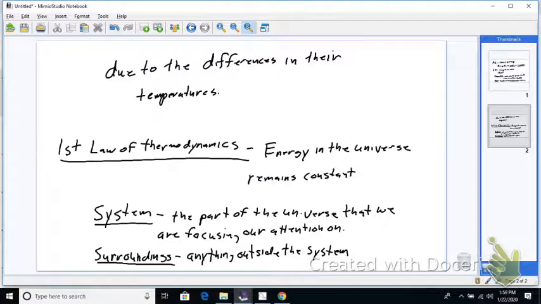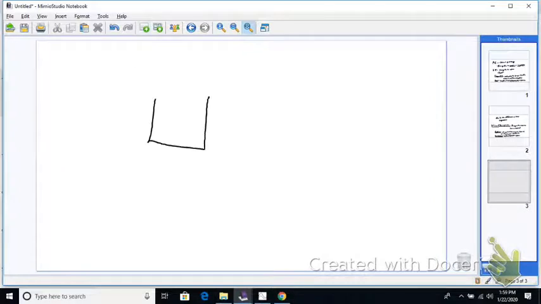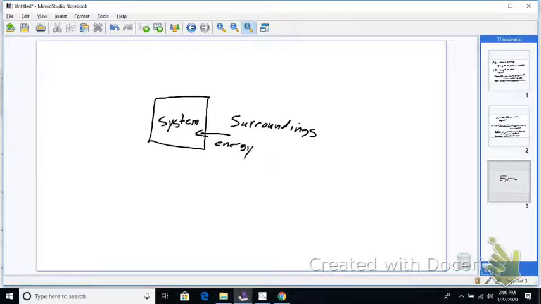Okay, so that's important that when we're looking at the system, here's the system, and then everything out here is the surroundings. You guys don't have to write this down. That if we have energy going in, that's called endothermic.